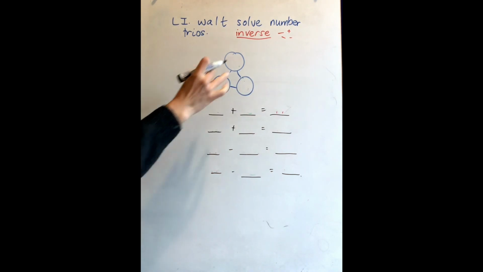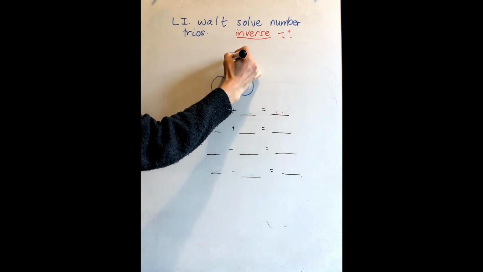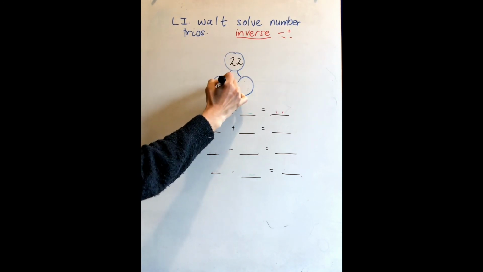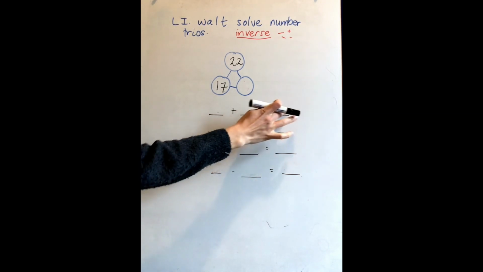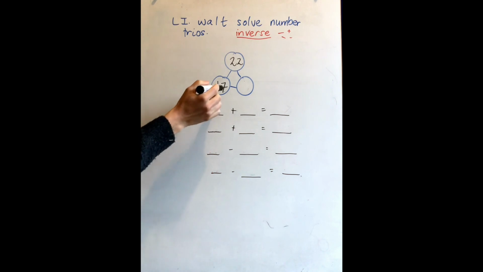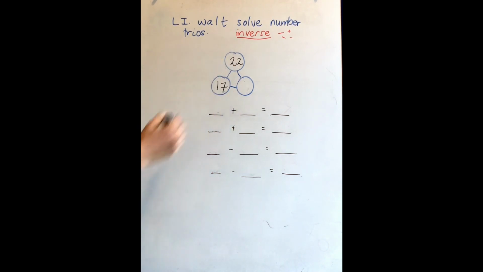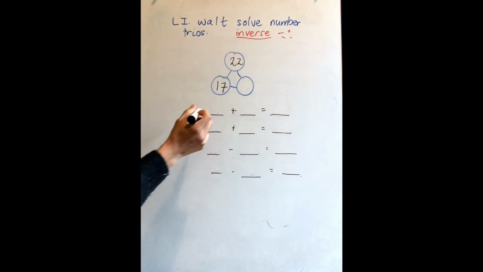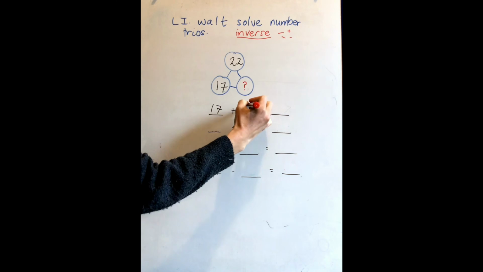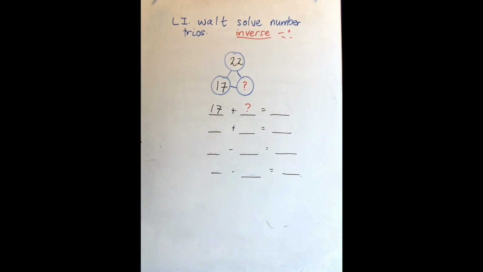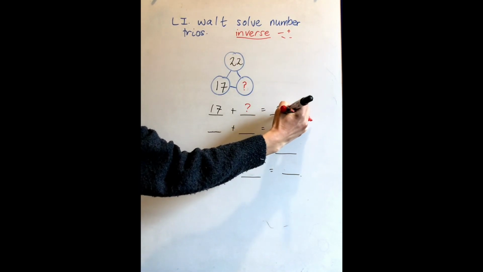Okay, maybe this time I have 22 and 17. Alright, so what do we know so far? We know that this number plus this number equals our top number, so we know that 17 add something, this is our mystery number, equals 22, which is our number at the top.